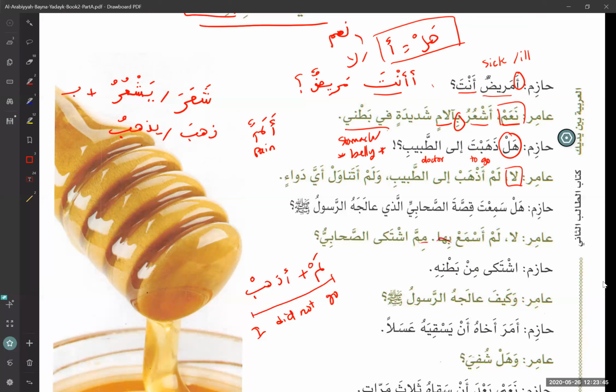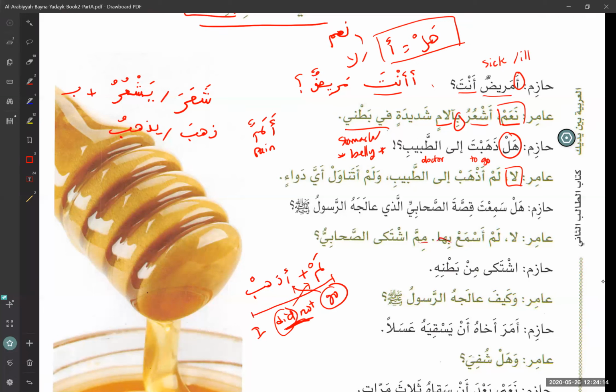I don't know how to say it. Like I went not. It doesn't work. So we have to use the present tense, and then we say didn't. I didn't go. Right? Just like here, go is present tense, just like adhab. And didn't is the one that is making it into the past, right? So you can think of the didn't as doing the lam, okay?